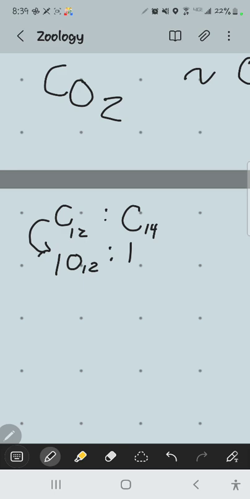If carbon-12 to carbon-14 is similar to what's in the atmosphere, the sample is recent. If the carbon-14 is smaller, it means it's relatively older. And how that works is there's a half-life. The half-life of carbon-14 is 5,730 years.